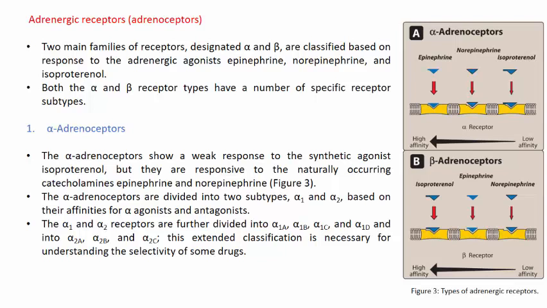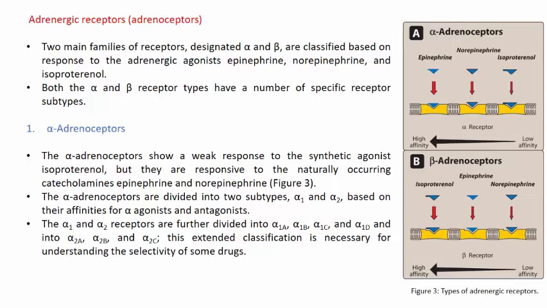Okay, يعني هنالك العديد من الريسبتورز اللي هي تكون related بالmain two families اللي هي الألفا and بيتا واللي هي يحصل لها classification as response to the adrenergic agonists. Both alpha and beta receptors have a number of specific receptor subtypes. يعني شلون احنا بالمحاضرات السابقة تكلمنا انه المسكارينيك يوجد منه مسكارينيك 1 2 3 4 5، وهنا بهذه الحالة أيضا موجود العديد من السبتايبس اللي هي تكون related بالألفا and beta receptors.